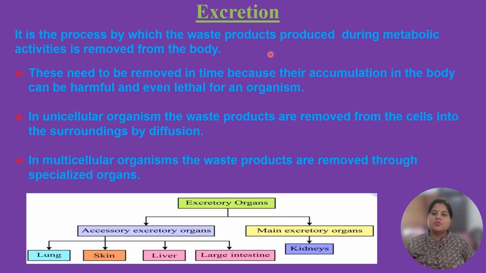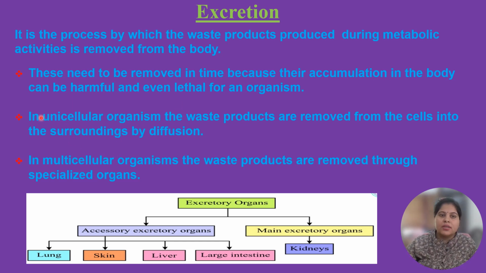During the processes of nutrition, transportation, and respiration, many metabolic activities take place. During those metabolic activities, waste products accumulate in our body. Our body is required to remove these waste products, because their accumulation is harmful for the organism, and if they are not removed, it can be lethal for an organism.